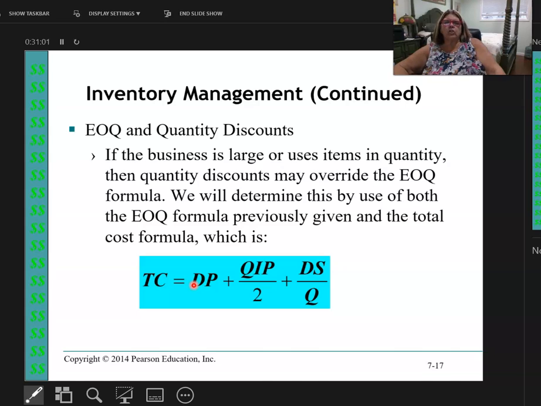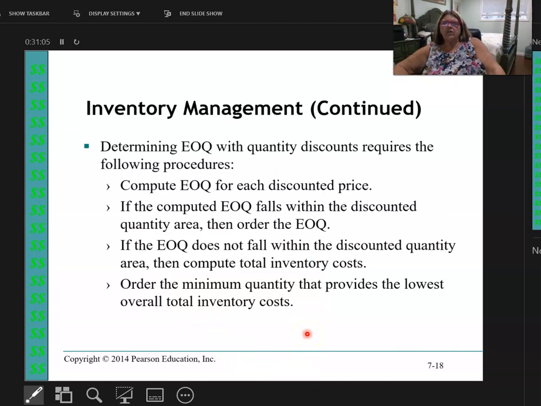But let's take a look at how to use these. Okay, so here's what I'm going to do. When I'm managing my inventory, I'm going to determine my economic order quantity, and then when it falls within that area, I'm going to actually order that. The key is I want to keep as little inventory on the shelf as possible because it costs me to carry my quantity.